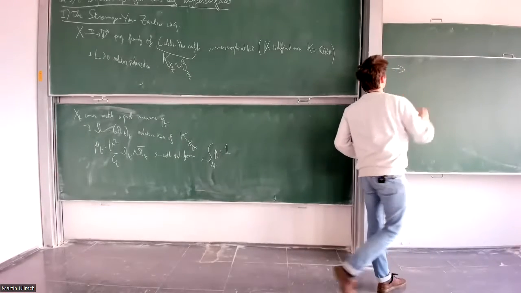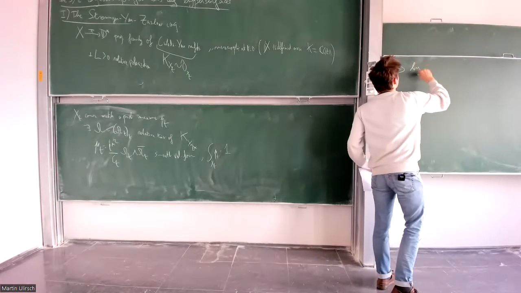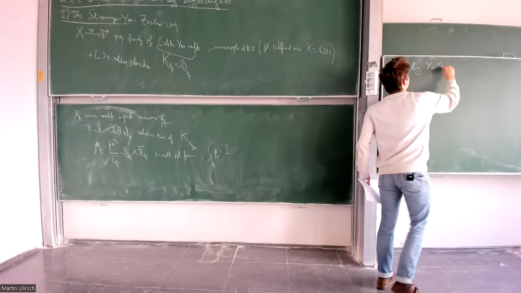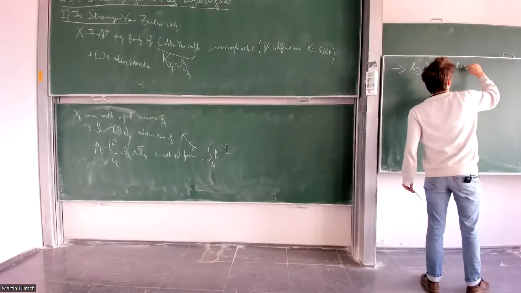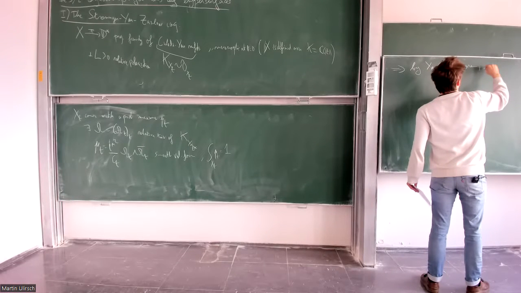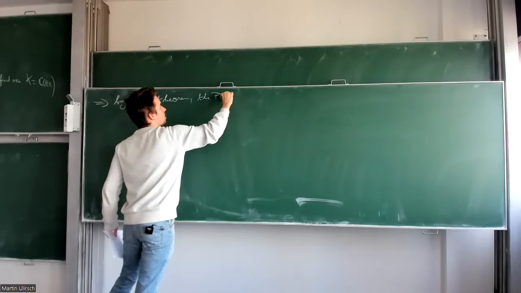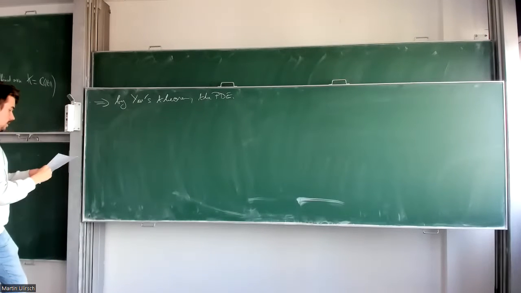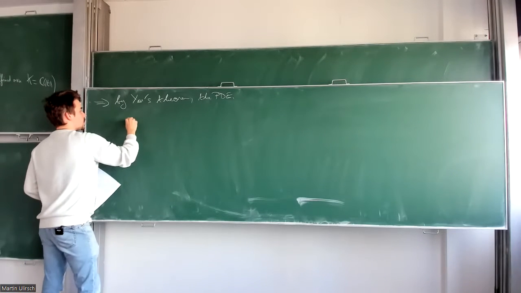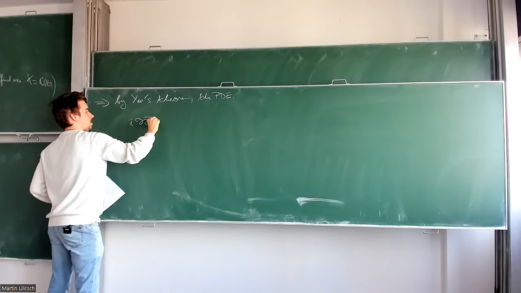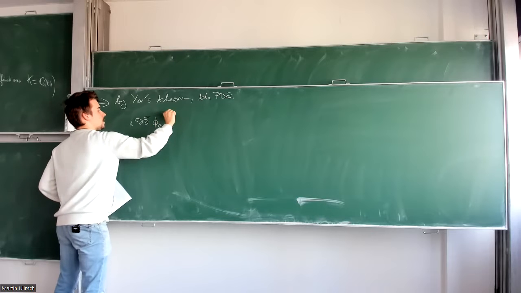And so the consequence of that is that by Yau's theorem, the following PDE, which I'm going to write, i partial partial bar of phi t, to the n.